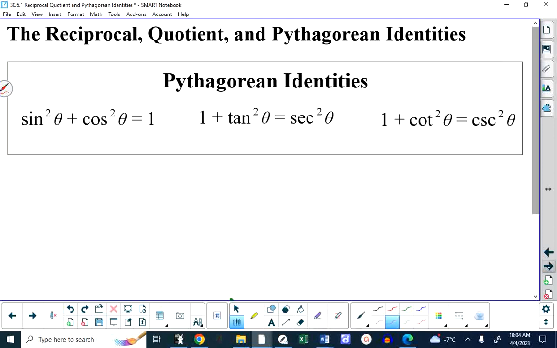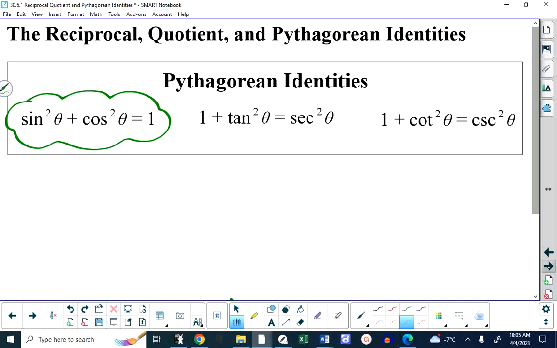Now we get the Pythagorean identities, and there are 3 of them. Does anybody want to take a stab as to why this is true? Absolutely.